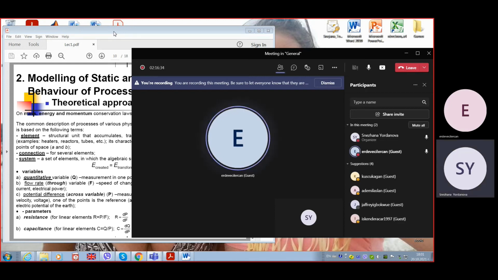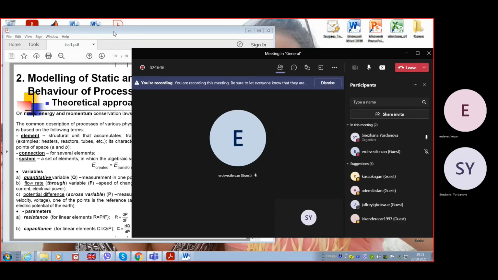So we try to learn by modeling what this process is, whether it needs a very rough and big control action input to reach the desired output. Or whether with mild input, we can move the output to the desired value.